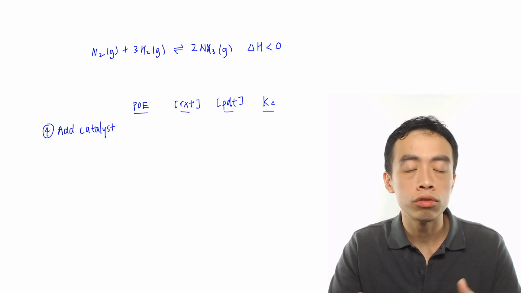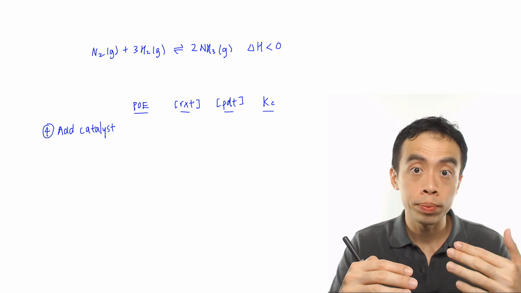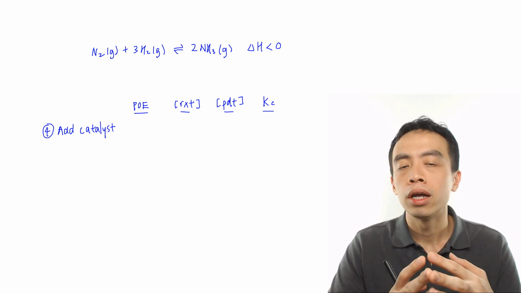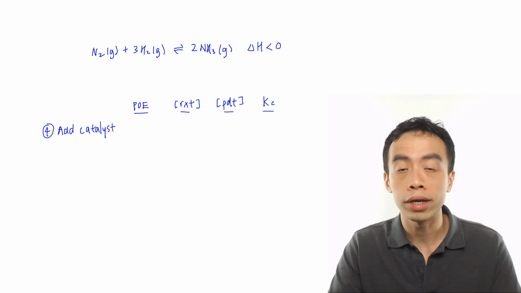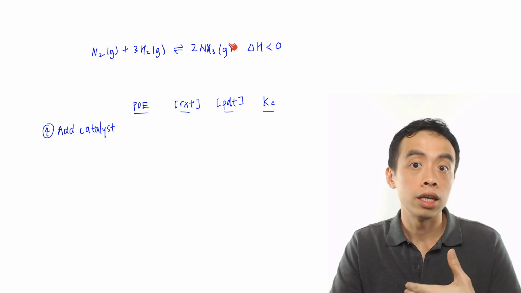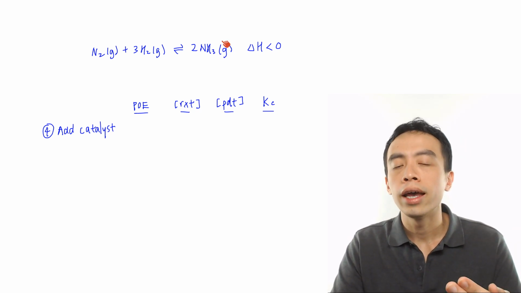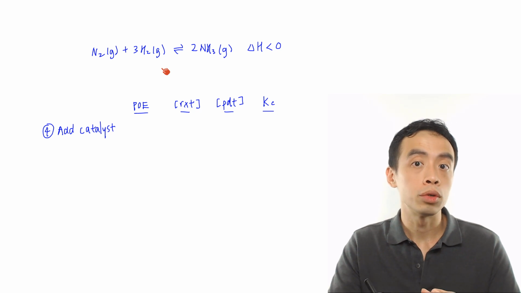Now we have one more change to talk about, which is adding catalyst. Now what if I add the catalyst? Catalyst will speed up the rate of the reaction, but it will increase the rate of the forward and the reverse reaction to the same extent. So because the rate of the forward reaction is increased to the exact same extent as the rate of the reverse reaction, I'll reach equilibrium sooner.